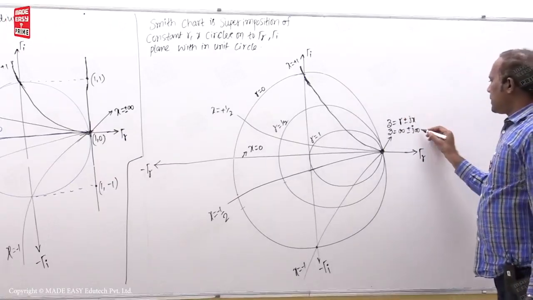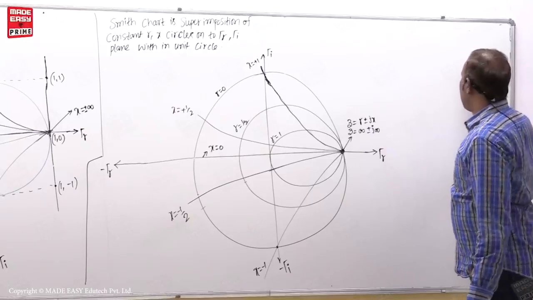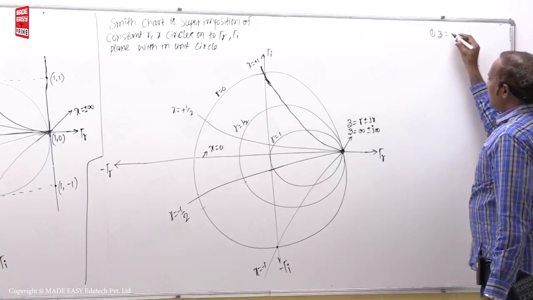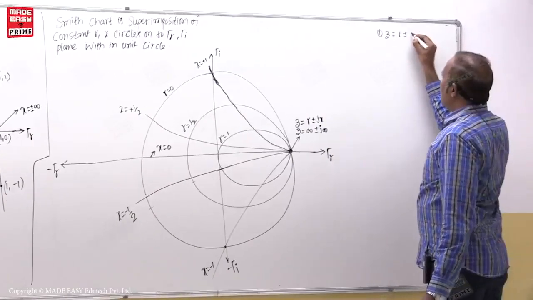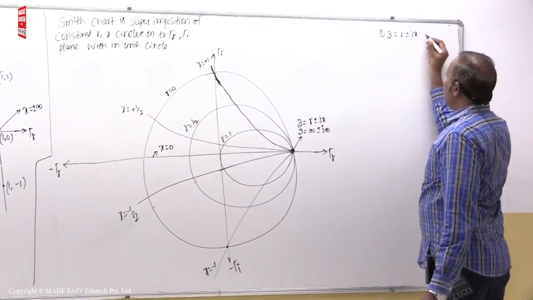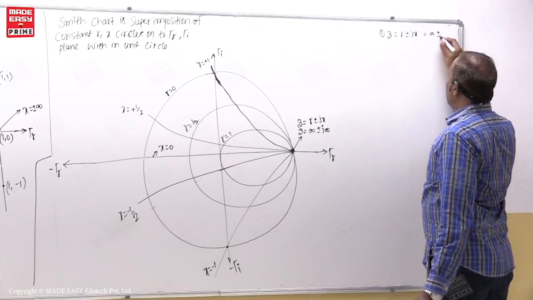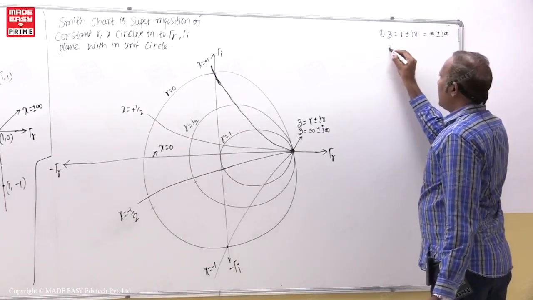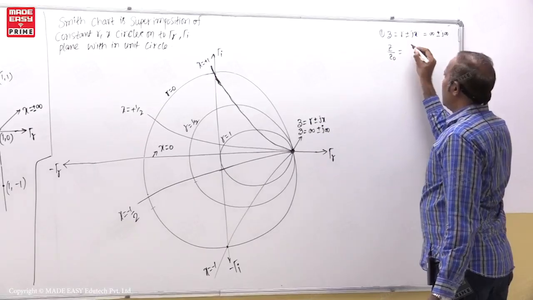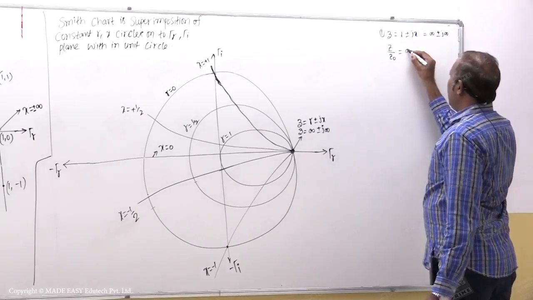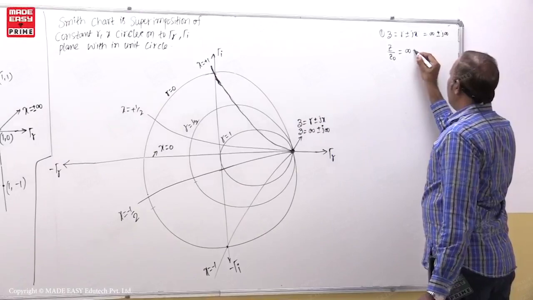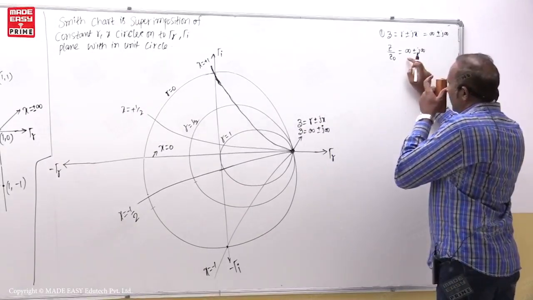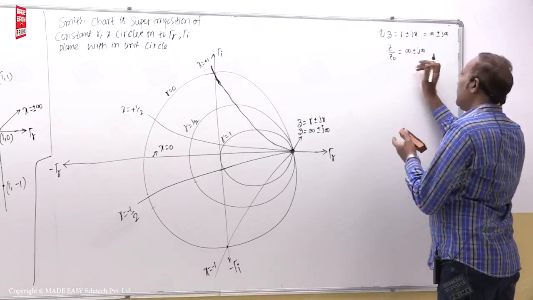Then can you tell me, students, at this location: z is equal to r plus or minus jx, that is equal to infinity plus or minus j infinity. That means capital Z divided by z naught is infinity divided by infinity, and you multiply with z naught, infinity only.